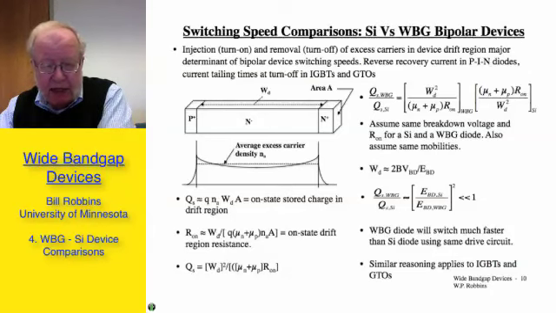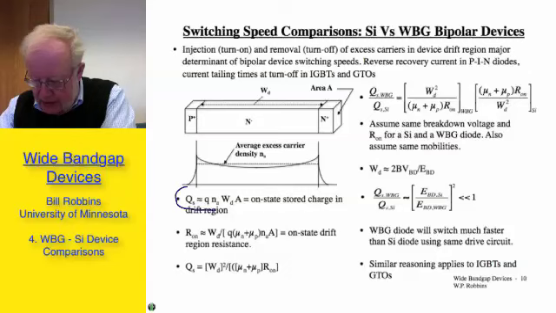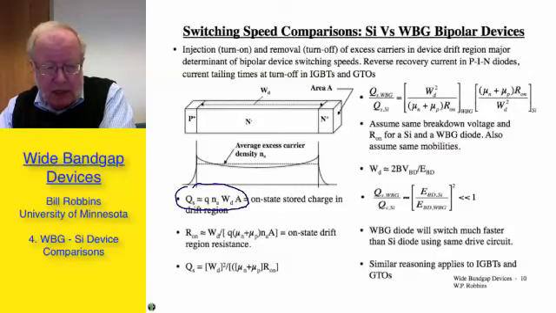I'm showing the average excess carrier density N sub A as a function of position. And when we're operating in the on-state with a large excess carrier density, we have approximately, as given by the formula right here, an amount of stored charge equal to the charge times N sub A times the volume, which is the drift region length, W sub D times the cross-sectional area. And the on-state resistance is given by the next formula.